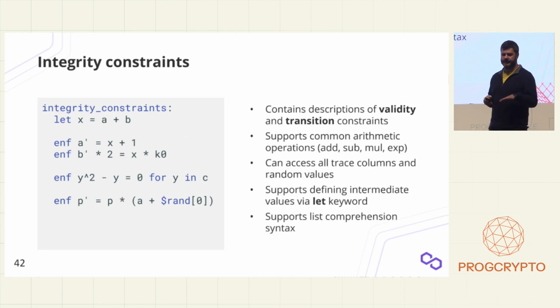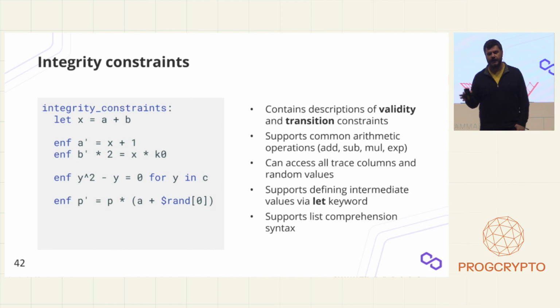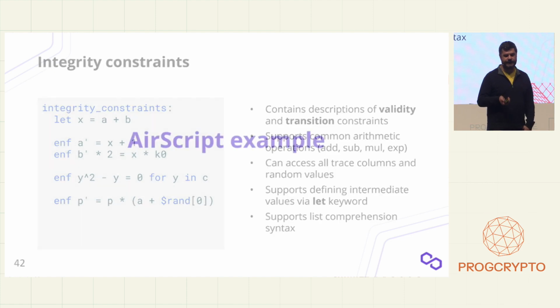We also have a syntax for list comprehension. The second to last constraint allows you to apply this for, let's say, y, a set of columns, a group of columns, so you can apply the same constraint very easily to a group of columns. So these are some examples of integrity constraints.